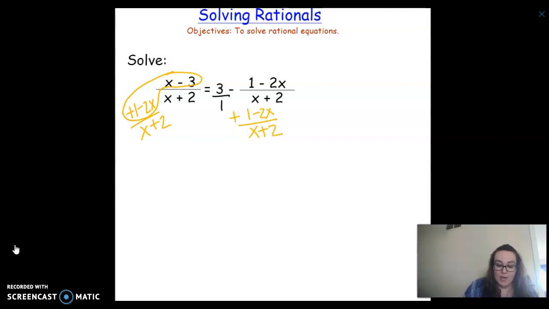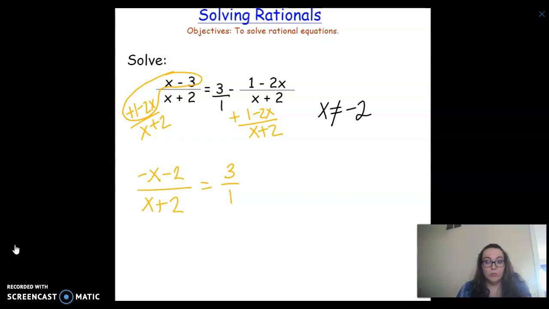So that I have a negative x and a negative 2 over x plus 2 equals now 3 over 1. From here, there are actually 2 ways to go about this question. First off though, what can x not be? X cannot equal negative 2.